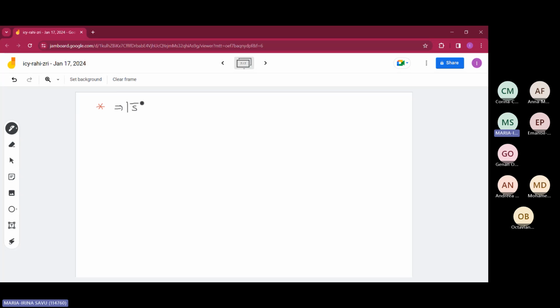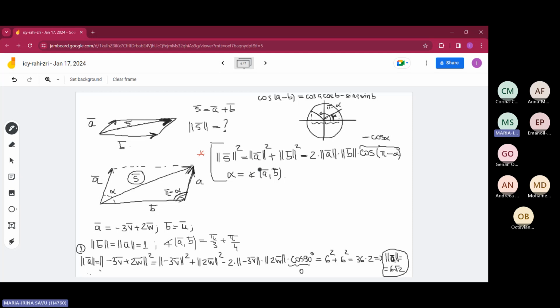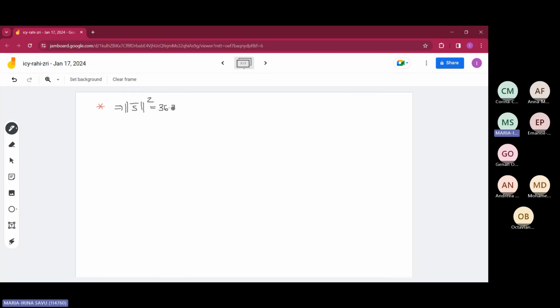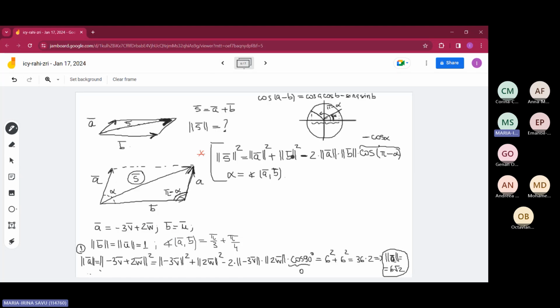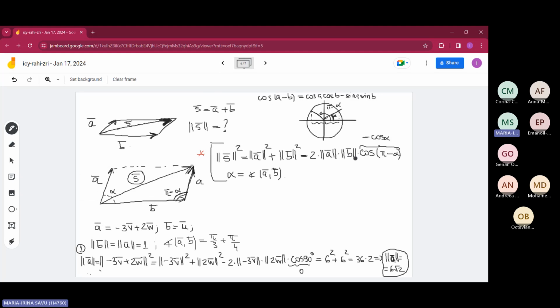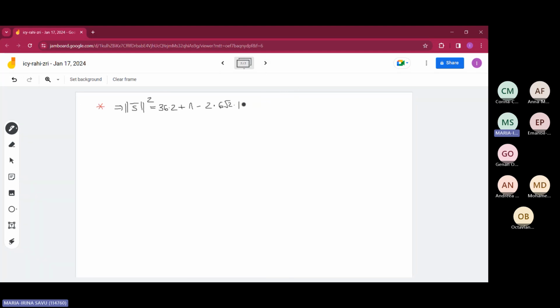We get that the norm of the sum squared is the norm of A squared, which is 36 times 2, plus the norm of B squared, which is 1, minus 2 times 6 square root of 2 times 1, because I have to multiply this part, times cosine, and so we write it this way, of pi over 3 plus pi over 4.